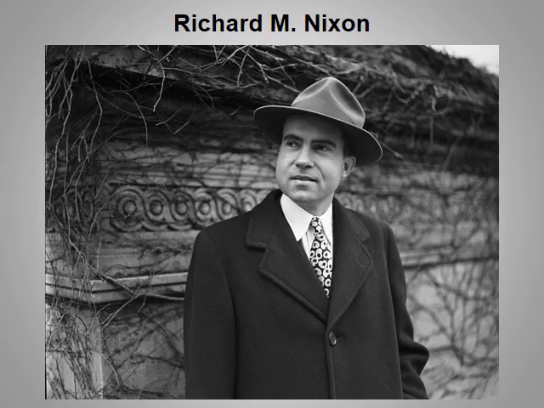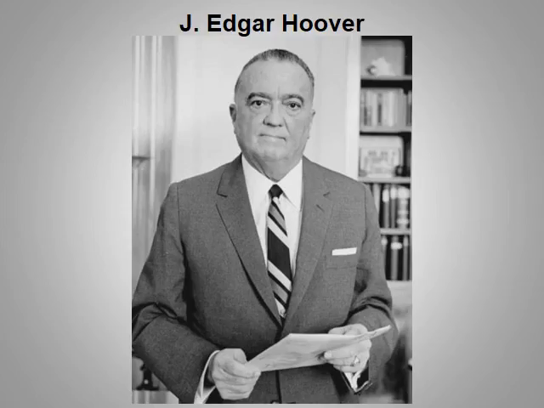Richard Nixon, still a congressman at this point in history, he charges a State Department official with espionage in 1948. He starts to lead this witch hunt against an appointed official for being a suspected communist. J. Edgar Hoover, director of the FBI during the Cold War. He believed that communists were everywhere.